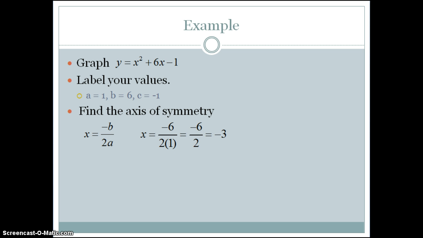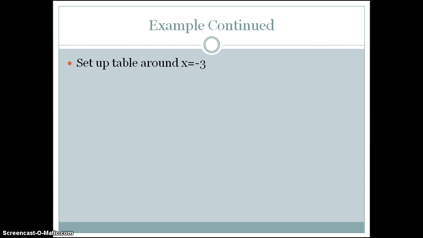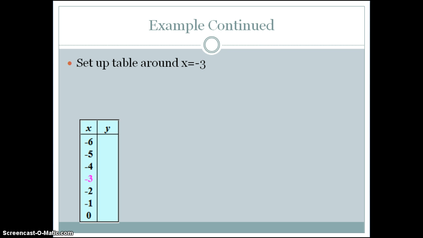So that's the x value of our vertex. We don't know the y value quite yet. So what we want to do is set up a table around x equals negative 3. That's the x value of the vertex. It's also the axis of symmetry, so that's what we want to work around. So we pick 3 points above, 3 points below, so we have from negative 6 to 0. We try and get these evenly spaced apart as best we can.